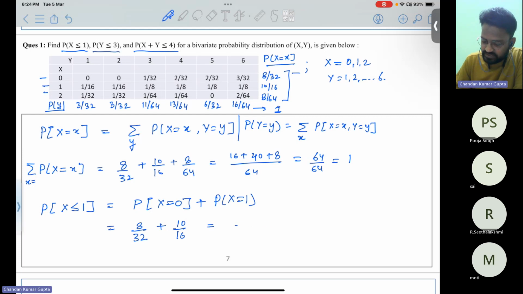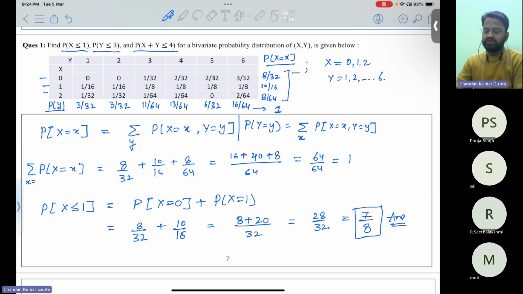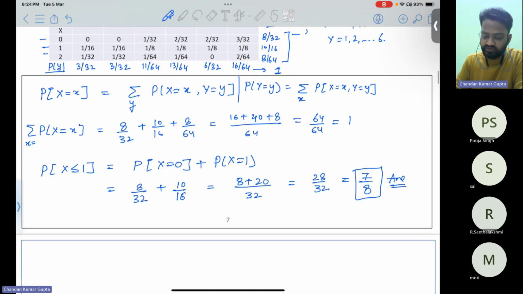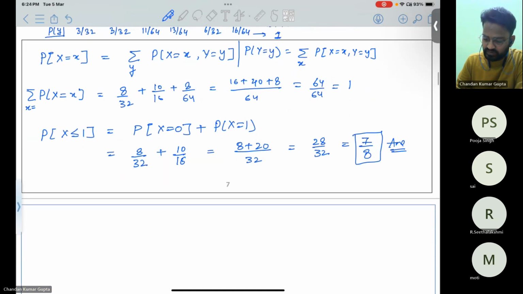This can be evaluated as 8 plus 20 over 32, which is 28 upon 32, or 7 by 8. So we are able to calculate this probability value. Now for y less than or equal to 3.